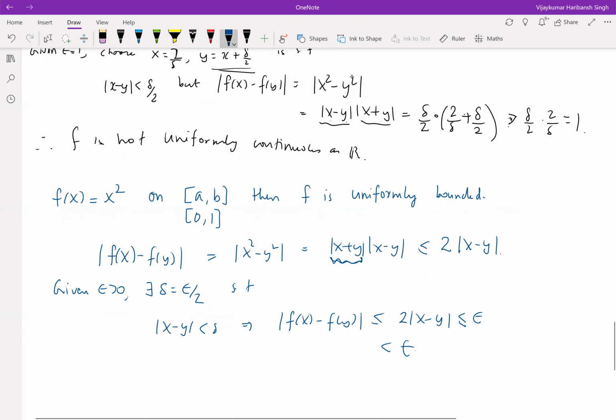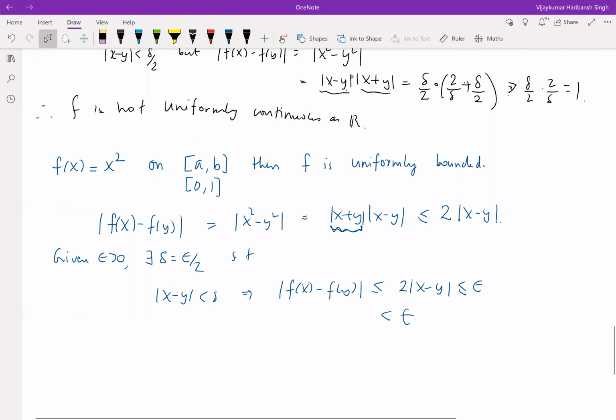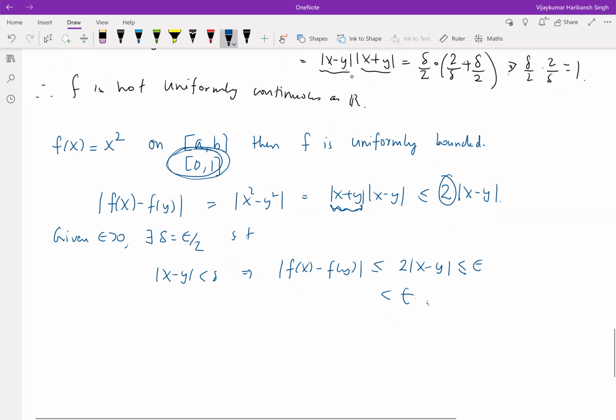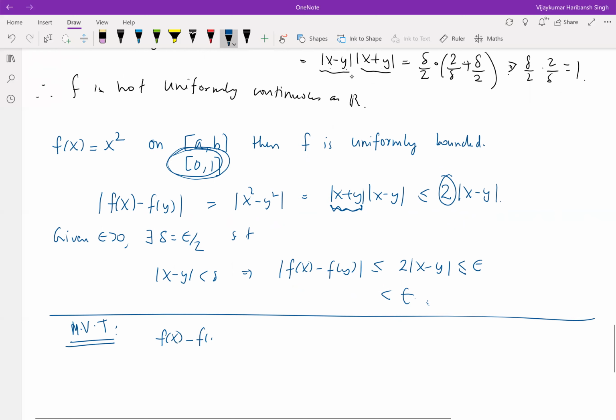So you see, in this case, because the interval is bounded, you can find the bound on that. Recall the mean value theorem, although it's funny because we have to discuss the mean value theorem at some point. We had f of x minus f of y equals f prime of alpha times x minus y.